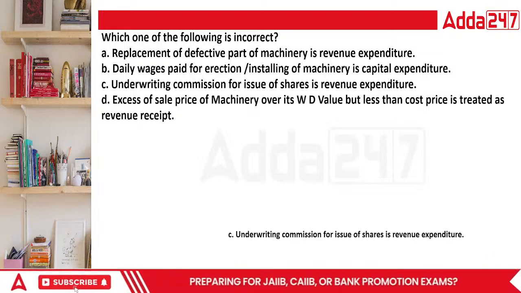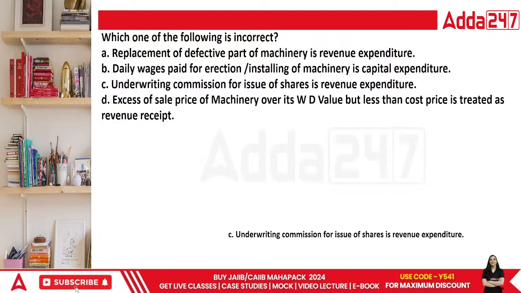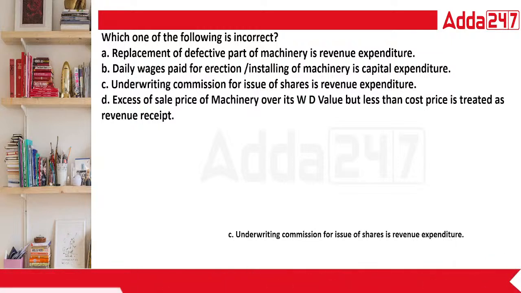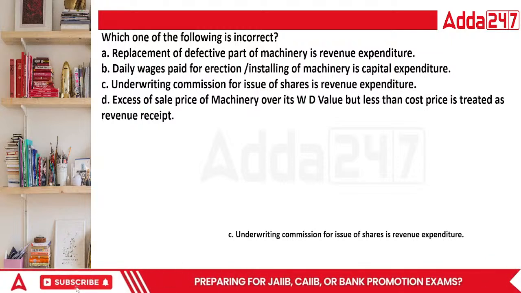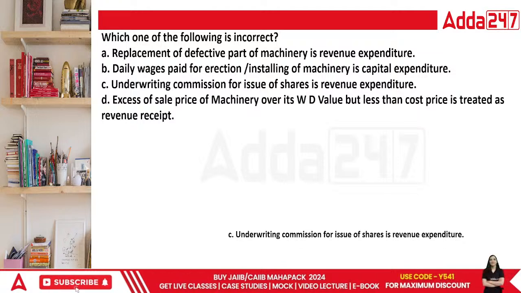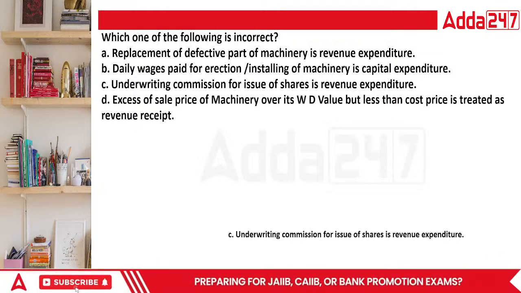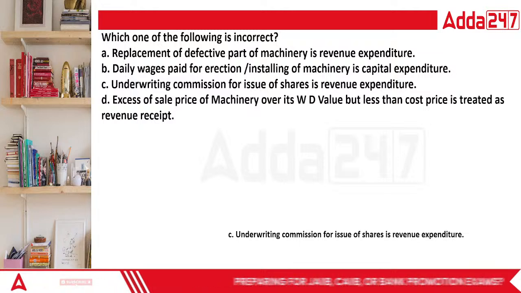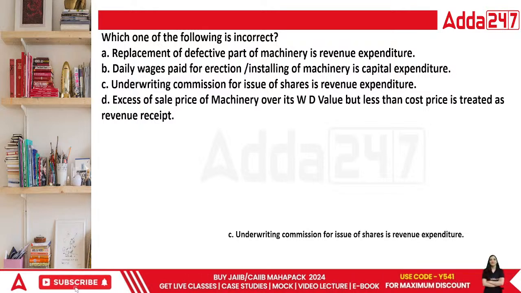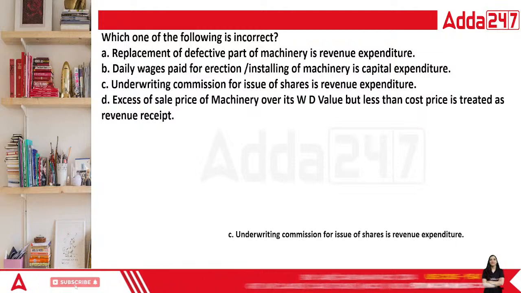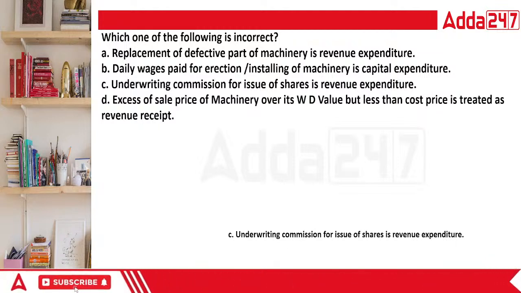Then underwriting commission, it's a part of capital expenditure. If the selling price of machinery is in excess of WDV but less than cost price, whenever your value is less than cost price, you can treat it as a revenue receipt. If your money that you're receiving is on the sale of an asset, then it is going to be a plus. If it's a minus, then you do the minus. Done, everyone?